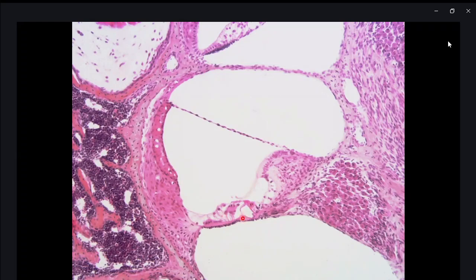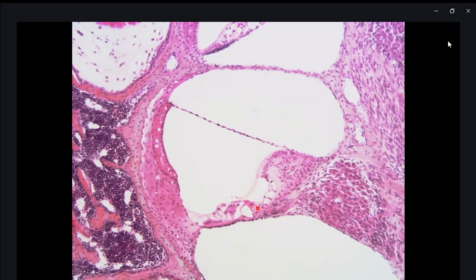We have cells that we refer to as the pillar cells. These pillar cells define the height of the organ of Corti, and also the boundaries between the inner and the outer. So we have inner pillar cells and outer pillar cells.